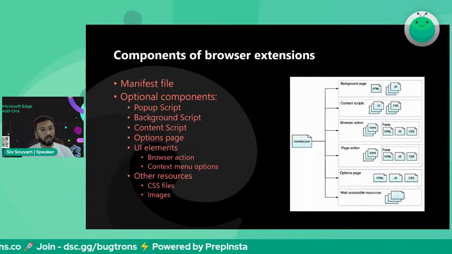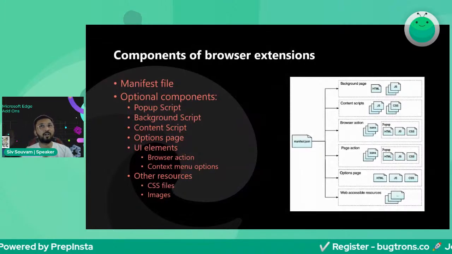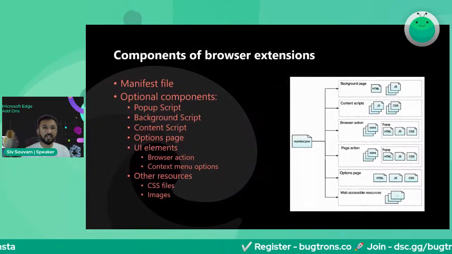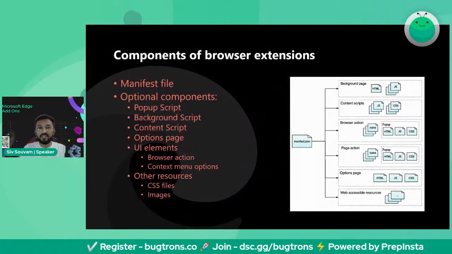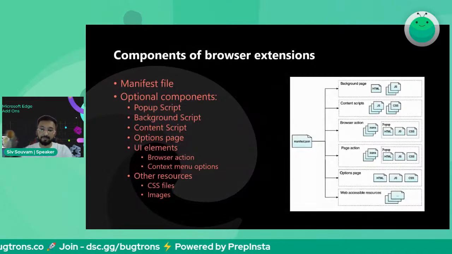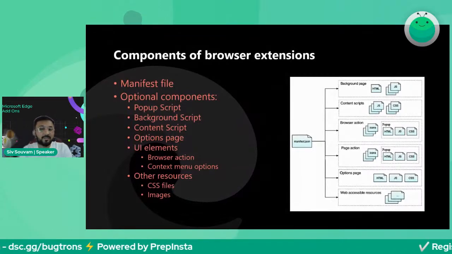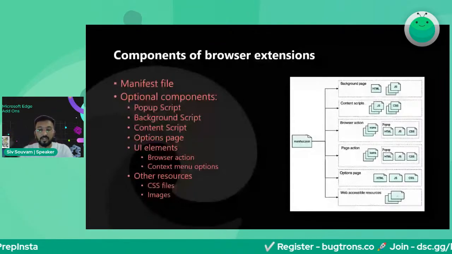Then comes the content script. Most of you might be using Grammarly. I'll just mention Grammarly, and then I'll define what a content script is, so you have an idea. A content script is a script that helps you in creating browser experience and make changes around the content.